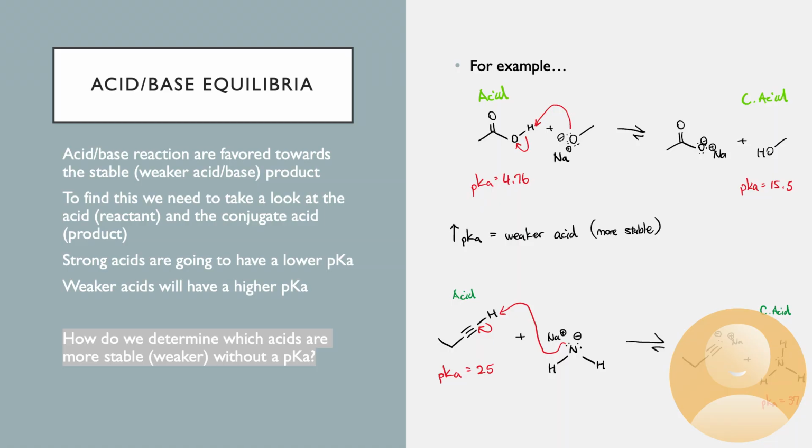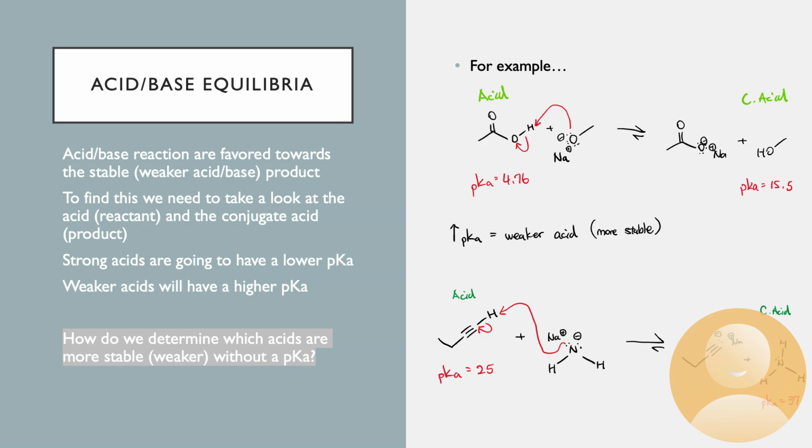That's because in an acid-base reaction, the equilibrium favors the stable product, in other words, a weaker acid. From the previous slide, we know that the pKa decreases as the strength of the acid increases. In an acid-base reaction, we have an acid and a conjugate acid. By comparing the pKa of the two acids, we can determine if the product or the reactant will be favored.